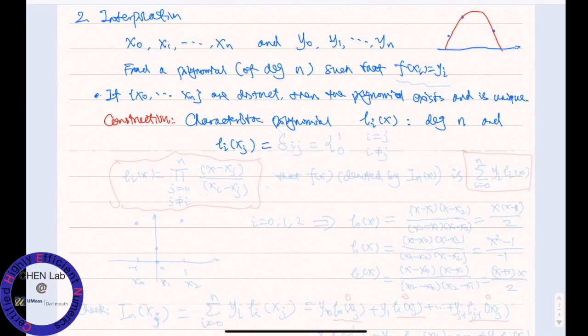So you give me i. Well, Li of x is a polynomial of degree n, such that if you evaluate at xj, you're going to get delta ij. What is delta ij? Delta is the so-called canonical delta function. It is equal to 1 when i is equal to j, and equal to 0 when i is not equal to j.